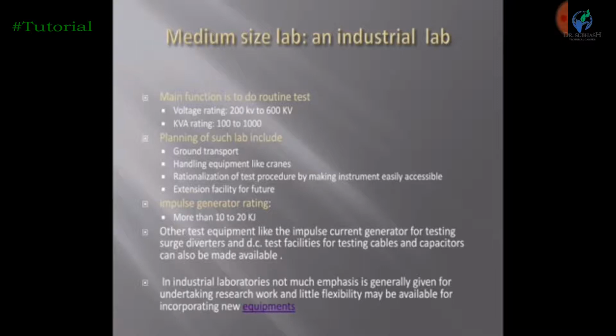Other test equipment like an impulse current generator for testing surge diverters and DC test facilities for testing cables and capacitors can also be made available. In industrial laboratories, not much emphasis is generally given to undertaking research work, and little flexibility may be available for incorporating new equipment.